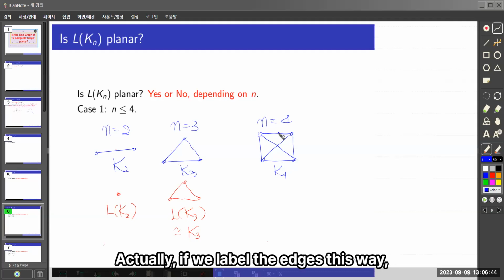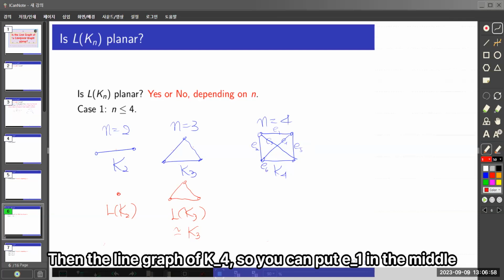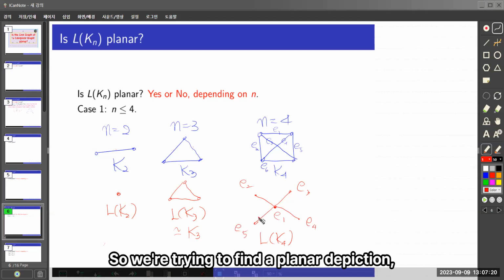So if we label the edges this way, E1, E2, E3, E4, E5, and E6, then the line graph of K4, you can put E sub 1 in the middle here. And E sub 1 is adjacent to E sub 2, E sub 3, E sub 4, and E sub 5 in here. So we're trying to find the planar depiction.